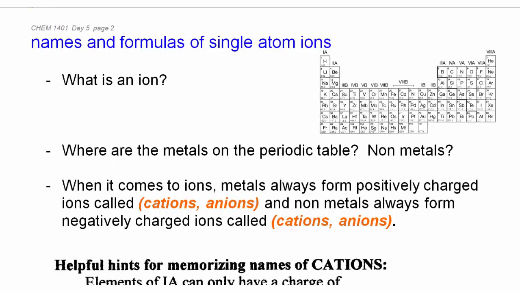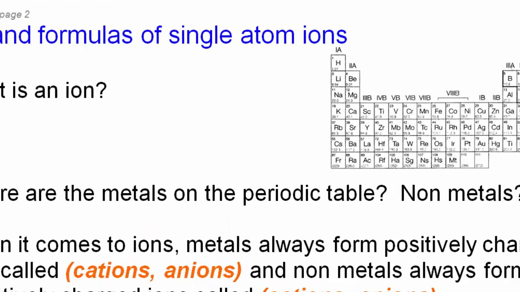So first off, what is an ion? We already talked about if you take any atom of an element, like lithium, it has 3 protons. Well, what if it has 3 electrons? It's neutral. What if it had more electrons? Then it would be negative. It would be an ion. What if it had less than 3 electrons?